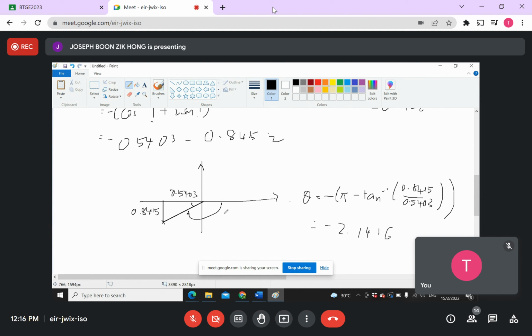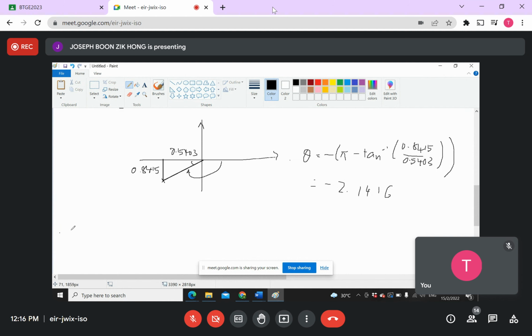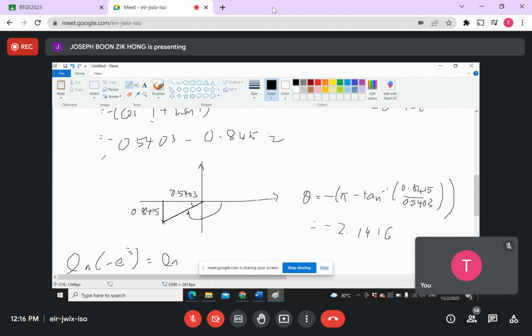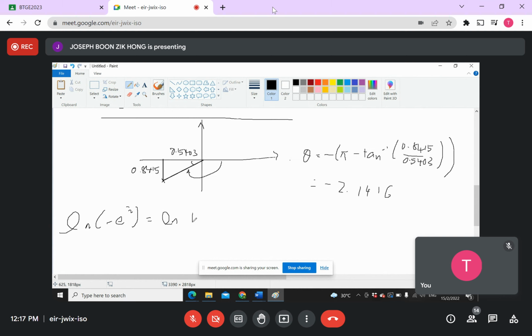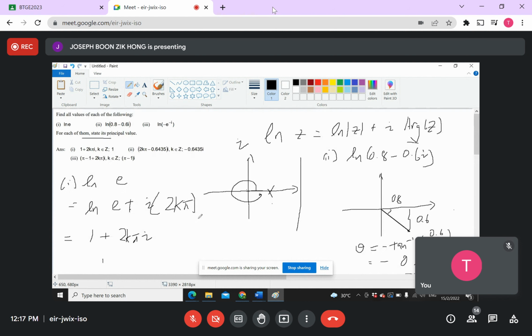Okay, so that means for this case, ln negative e^i will equal to ln of the modulus of this one, which is 0.5403 square plus 0.8415 square, and then square root the answer, so I get 1. So it's ln 1 again.